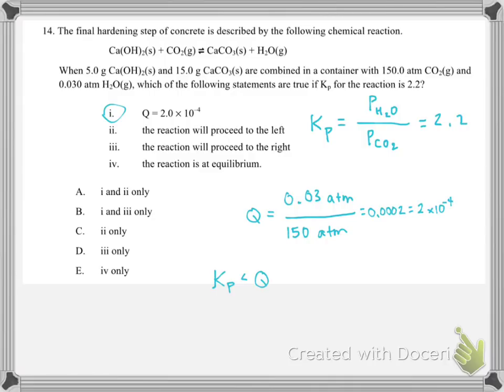So, if we have a small Q, that tells me we must have too many reactants, because it's products over reactants. So if we have too many reactants, we've got to make more products, and that's going to be a shift to the right.